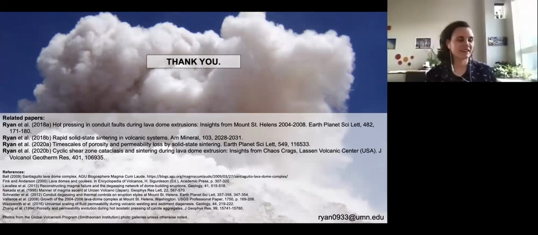Yeah, obviously my cartoons are simplified, as all cartoons are. But the time it takes to make some of these shear zones is extensive. So the time scale of making that larger shear zone body exceeds that of the healing time scale associated with solid state sintering. So I think the distribution of these well-sintered materials will be heterogeneous.